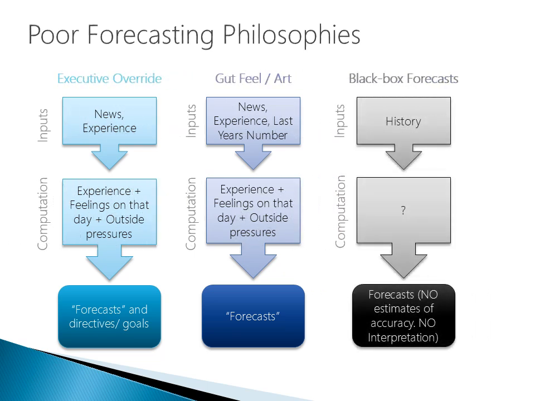A final forecasting philosophy, which is very poor, is when you have an organization that is taking data, historical, actual performance data, they run it through some incredibly complex process. And we'll call this a black box because nobody really knows what's going on in the middle except for the person who had created it. And out comes forecasts. But these forecasts have no estimates of the accuracy. There's no interpretation from a statistical point of view. So it really is a black box.